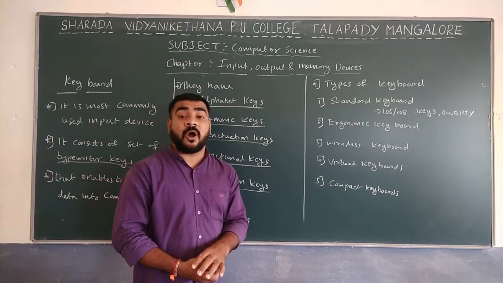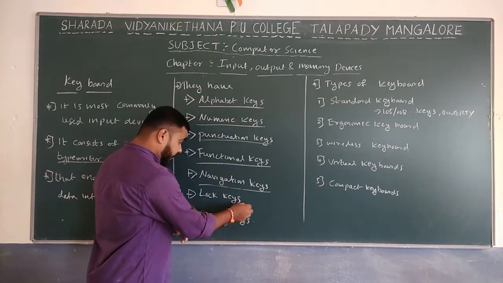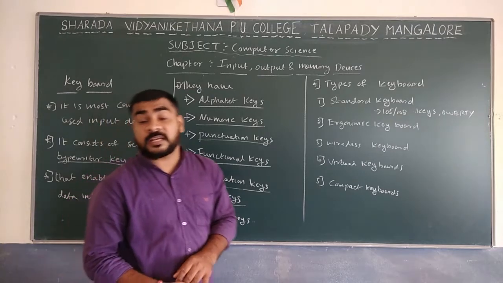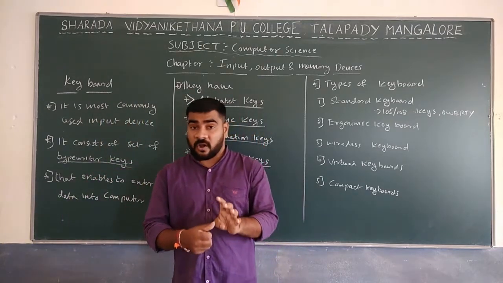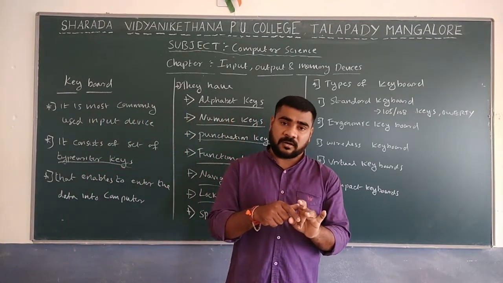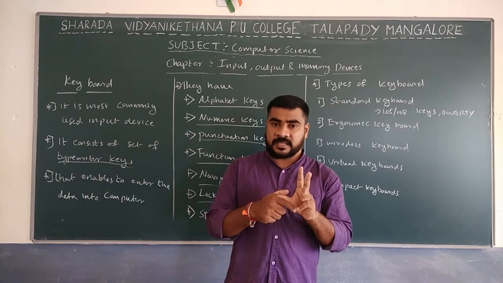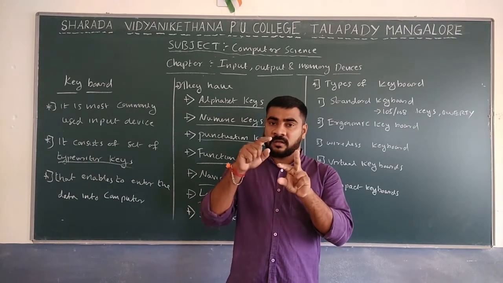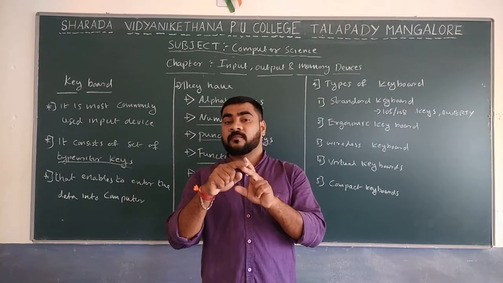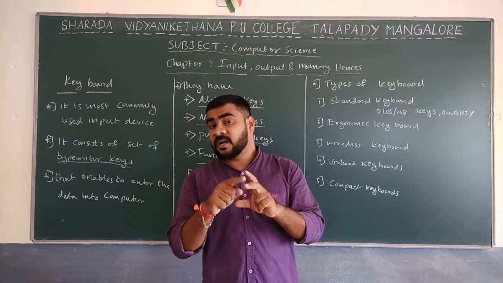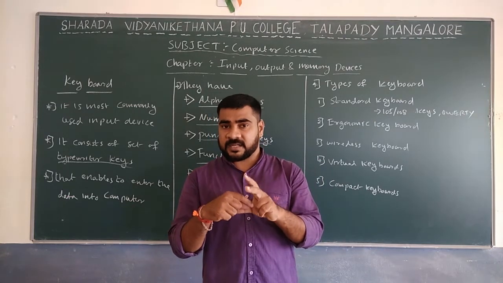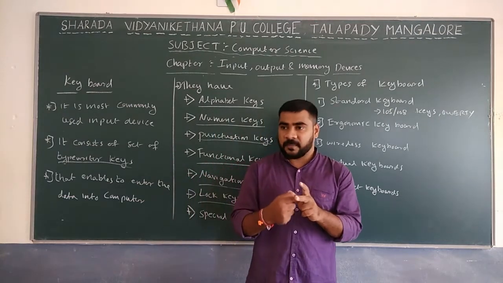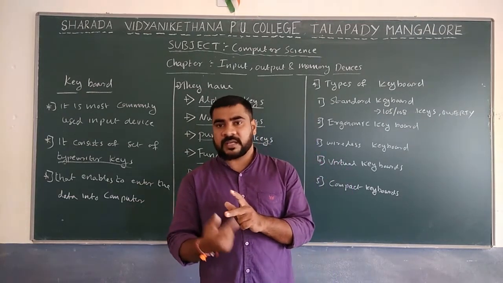The next one is lock keys. Lock keys are mainly scroll lock, caps lock and num lock. Normally we have 3 lock keys available: scroll lock, num lock, then caps lock. Caps lock means to convert the case, uppercase to lowercase or lowercase to uppercase.